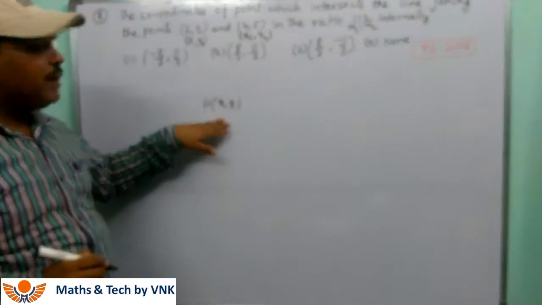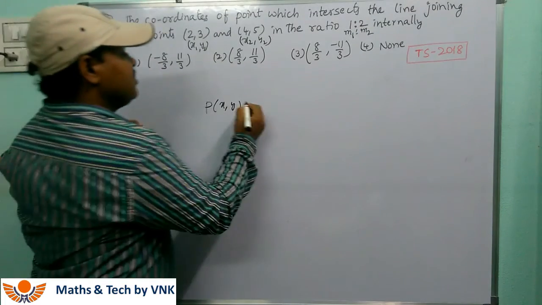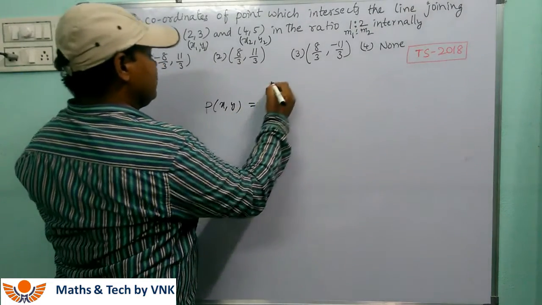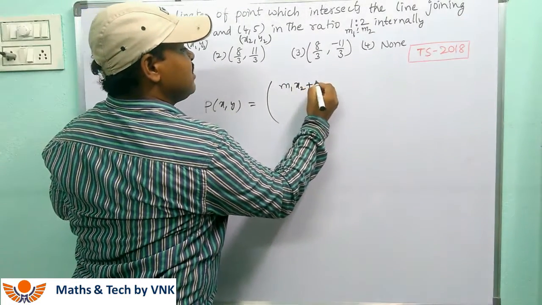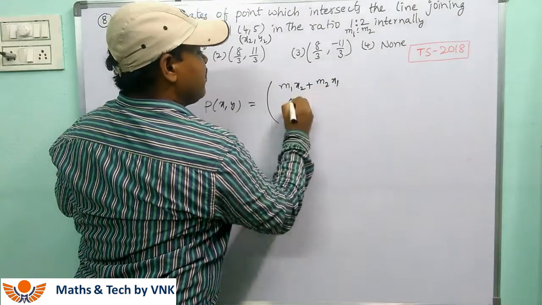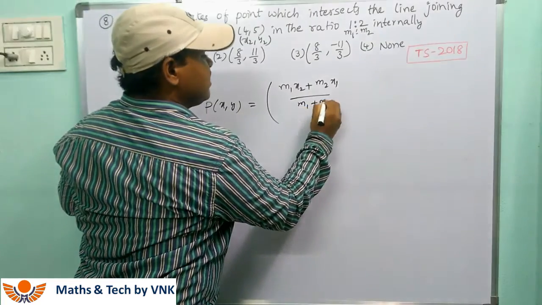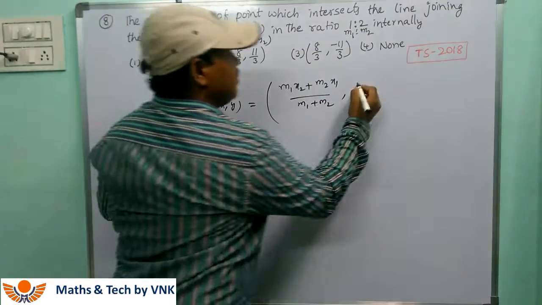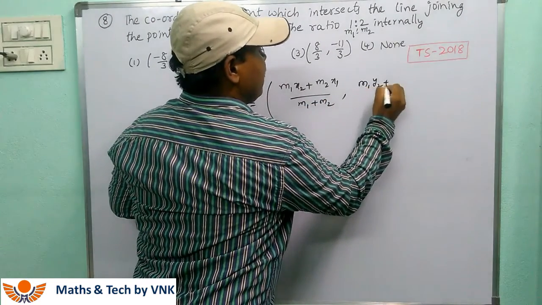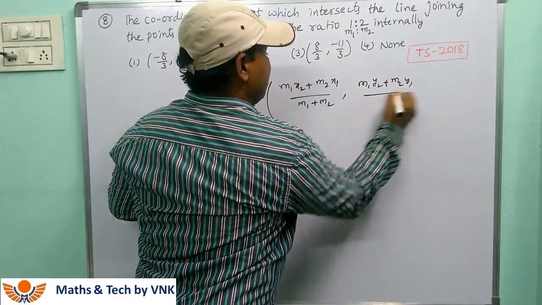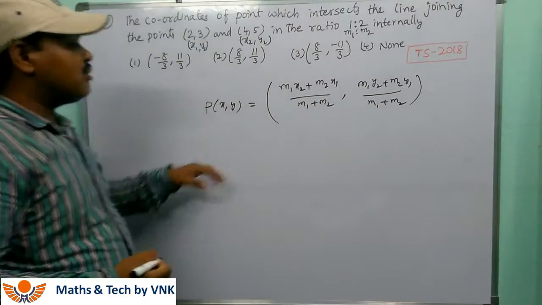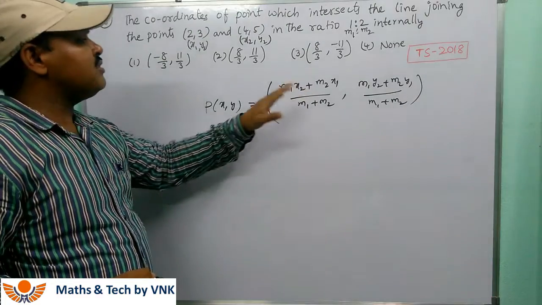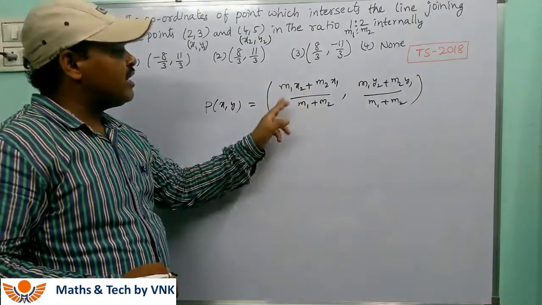So the point P has a formula, this is the section formula: (m1 x2 plus m2 x1) by (m1 plus m2), comma, (m1 y2 plus m2 y1) by (m1 plus m2). So substitute the values of x1, y1, x2, y2 and m1 and m2.